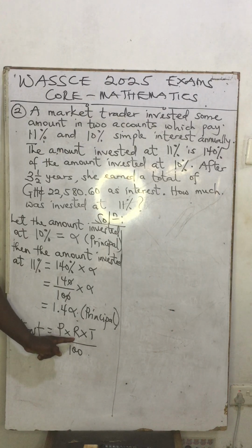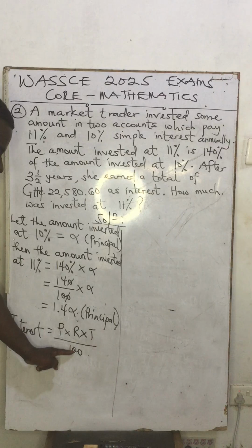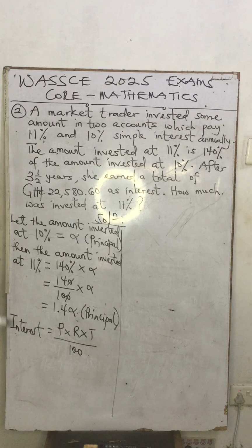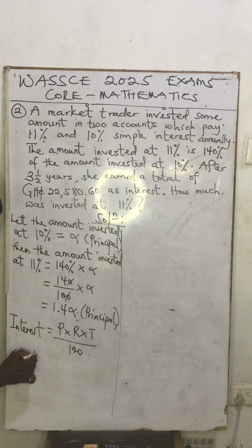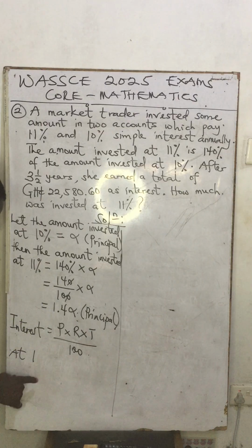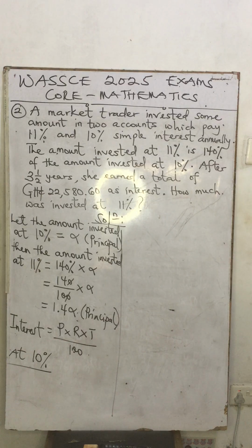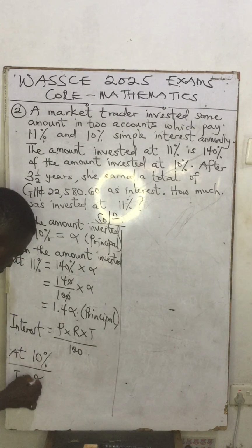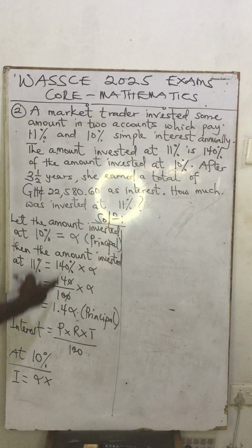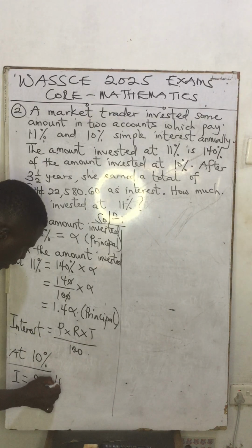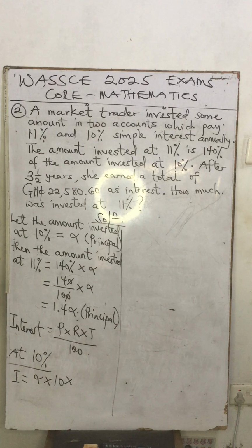Rate is always in percentage, so that's why we divide by 100. Let's start with 10%. At 10%, how do we find the interest? Interest is equal to the principal, here alpha, times the rate, 10, times the time.